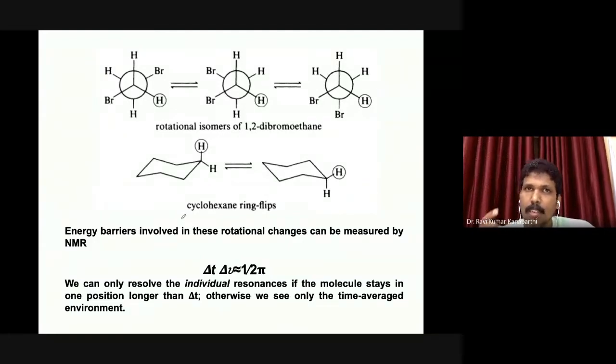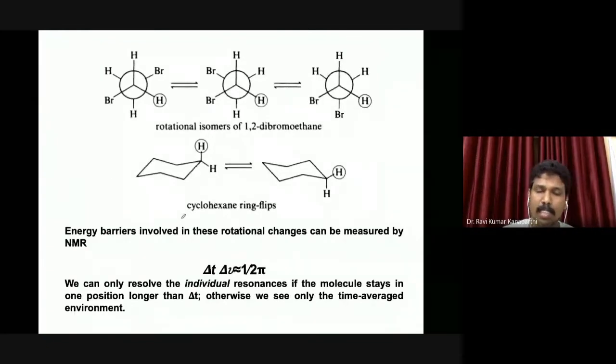On the other hand, if you increase the temperature, what happens? The rotation around this bond increases, and it becomes a kind of single bond, then single bond C double bond C, or C double bond N, C single bond N. All these are rotating very fast.